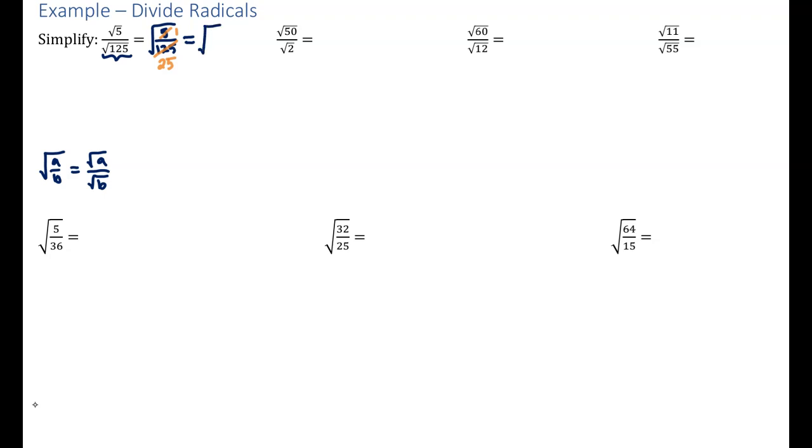So I end up with the square root of 1 over 25, and I can actually do even better with that one. We're asking what do we square to get 1 over 25, and the answer is going to be 1/5. 1/5 times 1/5 is 1 over 25.